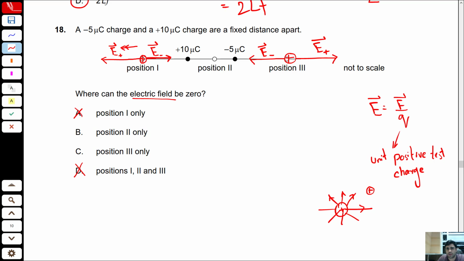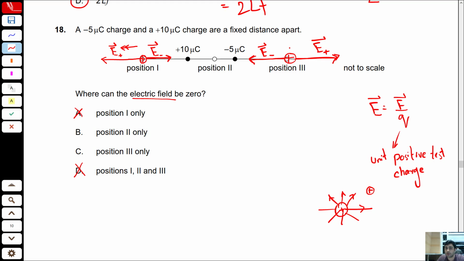Now, what is the reason that I draw these two approximately the same size? Even though this plus 10 microcoulomb charge is stronger because it's double the charge, it's also further away. So any increase in the magnitude of the charge has been compensated by being further away from the test charge.